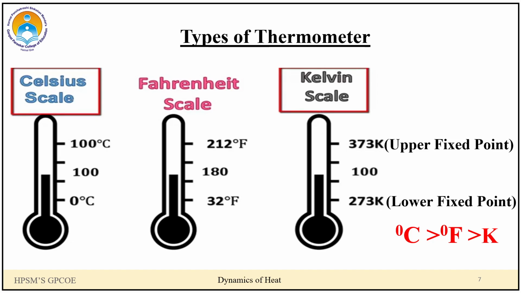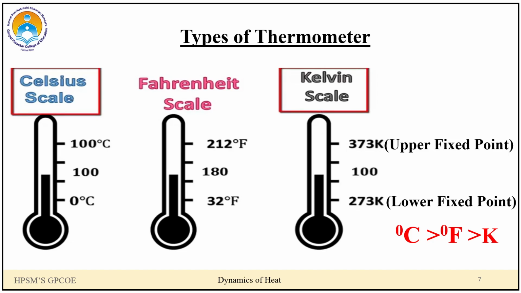If you see the Celsius scale, the lower fixed point is 0 degree Celsius and the upper fixed point is 100 degree Celsius, and the difference between the lower and upper fixed points is 100.